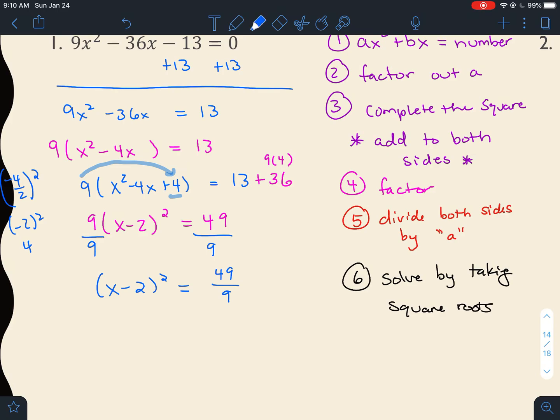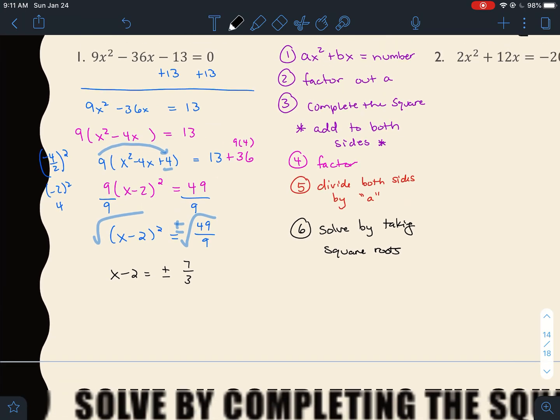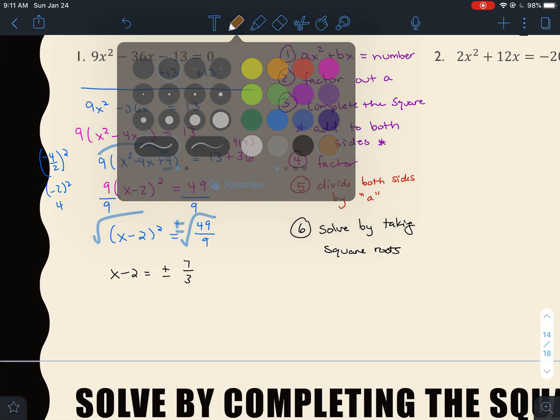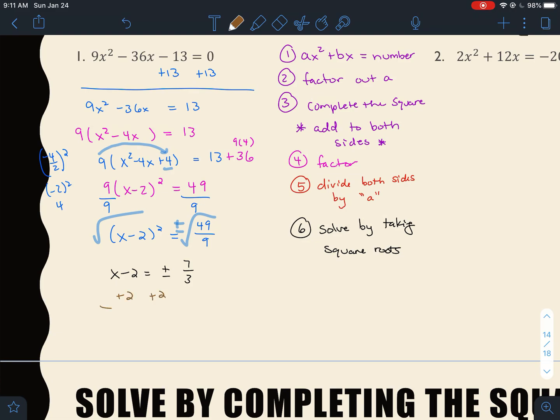So I'm going to take the square root on both sides. And I would have x minus 2 equals plus or minus the square root of 49/9, which would be 7/3. And then I'm going to add 2 to both sides. And I get x equals 2 plus or minus 7/3.